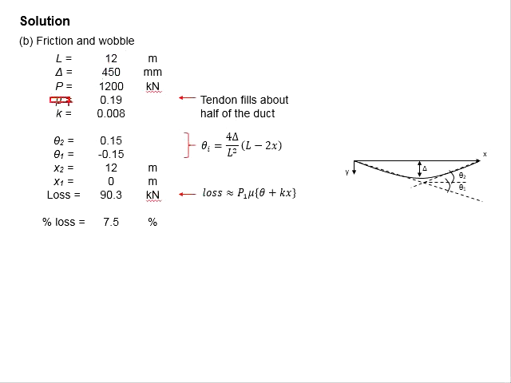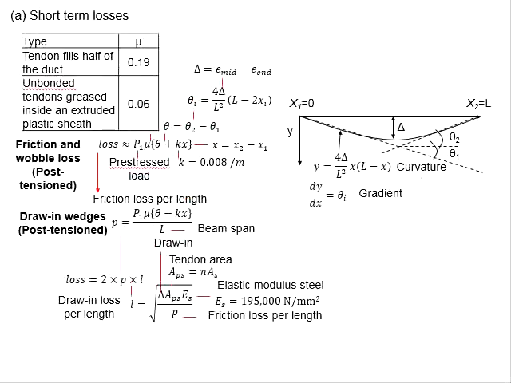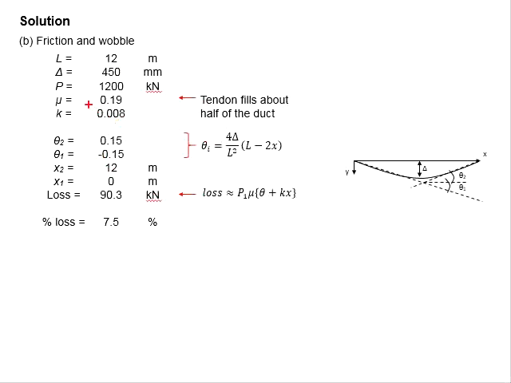The mu here refers to the table. Assuming that the tendons fill half of the duct, the coefficient of friction will be equal to 0.19. The k is given, which is equal to 0.008.